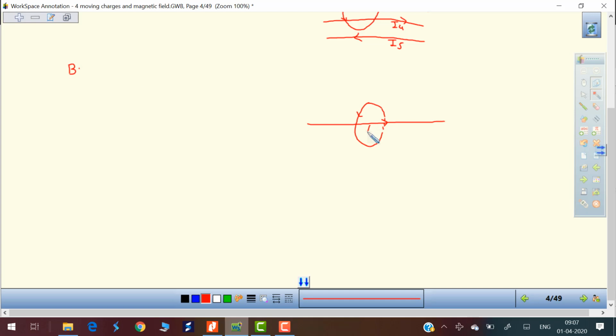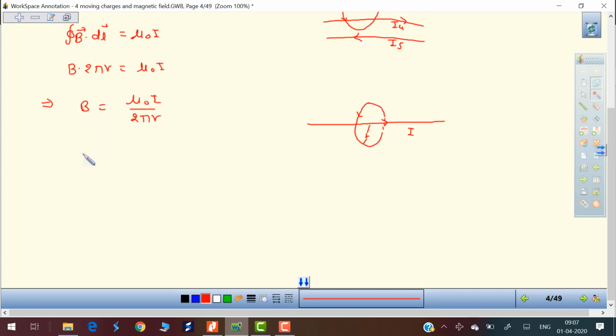If I integrate, and this radius is R, it becomes the integral of B dot dl, which is equal to mu 0 into sigma I. Here the current is only I. So if you integrate this, we get B times 2 pi r equal to mu 0 I. So we get B equal to mu 0 I upon 2 pi r. That we can do.